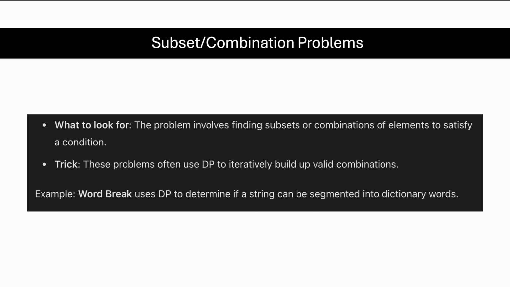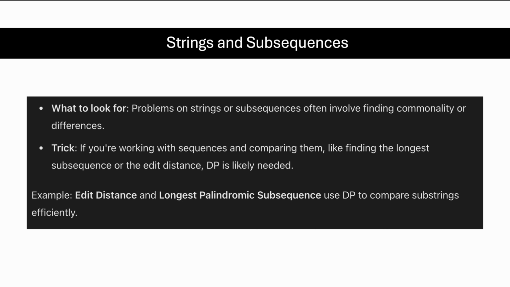If that is the case, this is where you can always have DP as your friend. For example, word break: using DP to determine if a string can be segmented into dictionary words or not. This is where DP comes to the rescue.